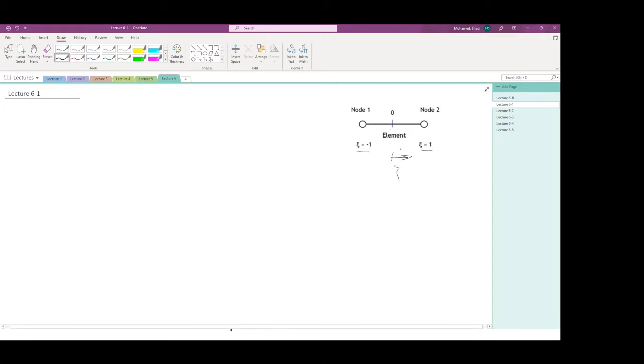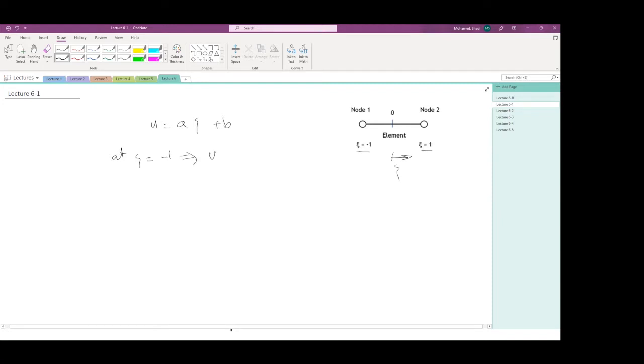Now, we have the element. We are going to derive the shape functions exactly like we did before. So u is going to be a, now instead of x, we have xi plus b. So this is the displacement at xi equal to -1.